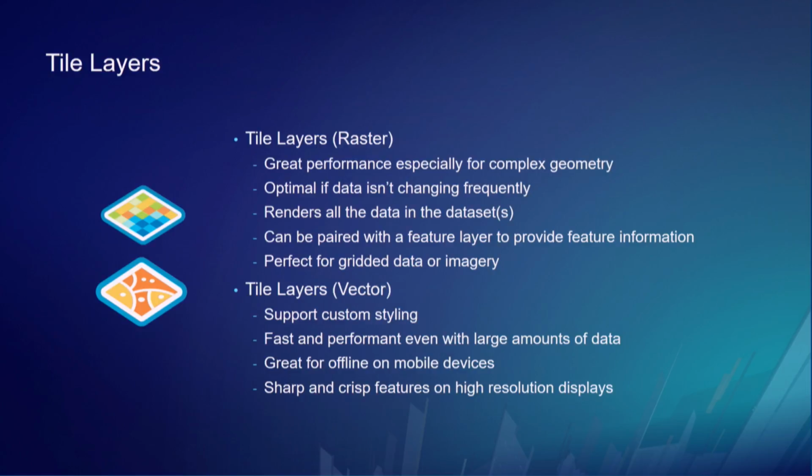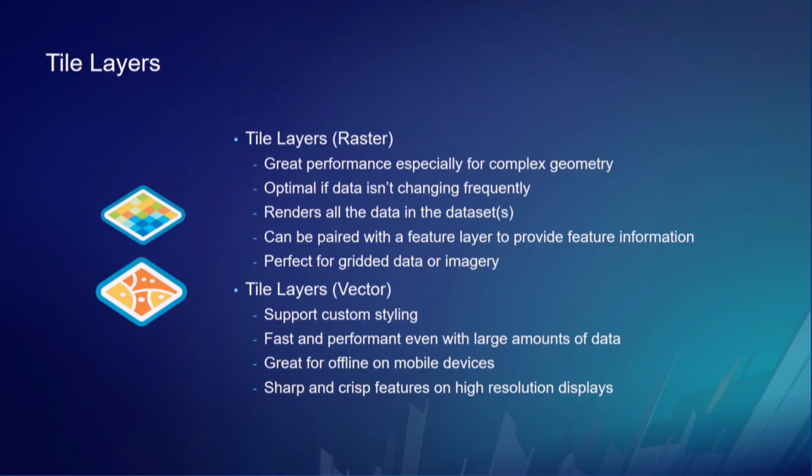So one of the nice things about raster tiles is they inherently don't have data behind them, so they can be paired with feature layers to provide pop-up information. So you can still have a raster tile layer and pop-ups. Also, they're rasters. So if you're looking to put some imagery or gridded data up in ArcGIS Online, they work well for that too, which obviously vector tiles aren't going to do.